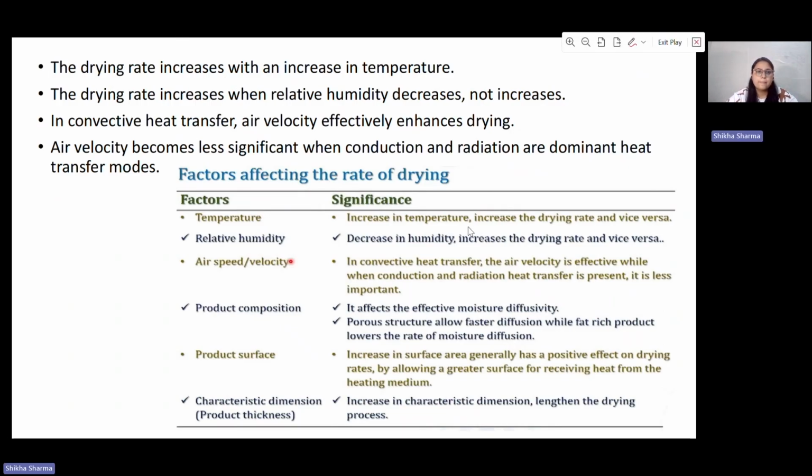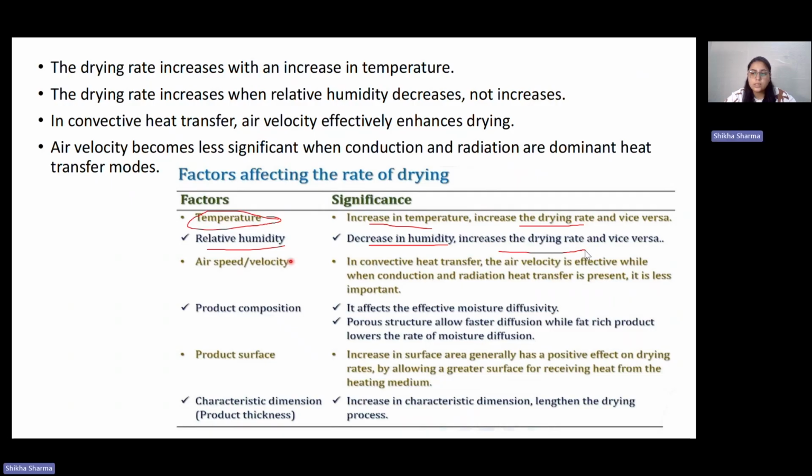Okay, so basically, if we discuss our question, what are the different factors which are affecting the rate of drying? The temperature is a very important factor which is impacting the rate of drying. If the temperature is increasing, the rate of drying is also increasing, and if the temperature is decreasing, the rate of drying is going to decrease. Then relative humidity. If there is a decrease in the relative humidity, then there is an increase in drying rate.